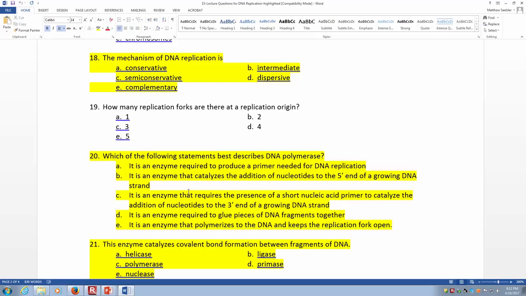One, that it can't start a new strand on its own, so it does require the presence of a short primer. And then it can only build onto the 3' end of a pre-existing strand. And so it always builds in the 5' to 3' direction. So that's the one that most accurately describes DNA polymerase, that it can only build off a primer, and that it specifically can only add onto the 3' end of a growing strand that it's building.